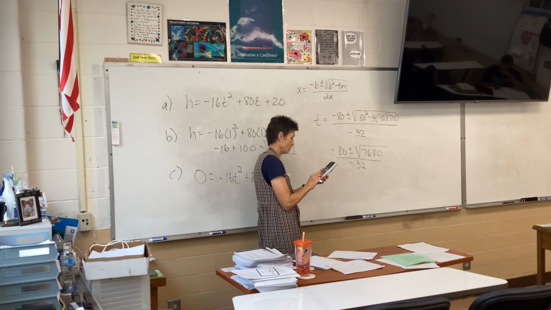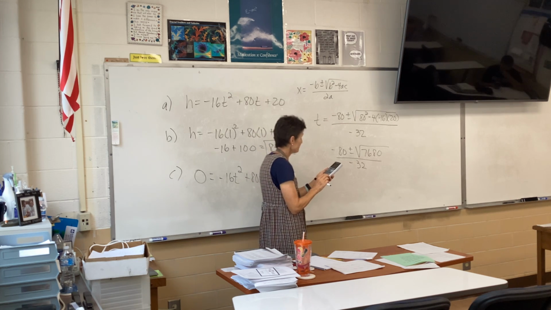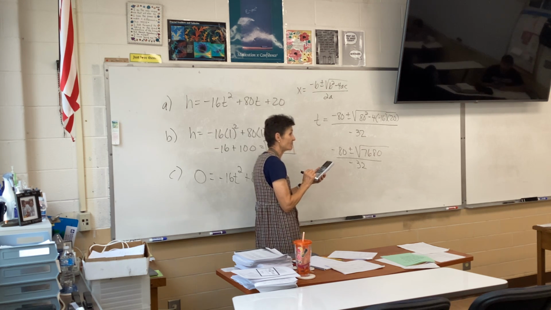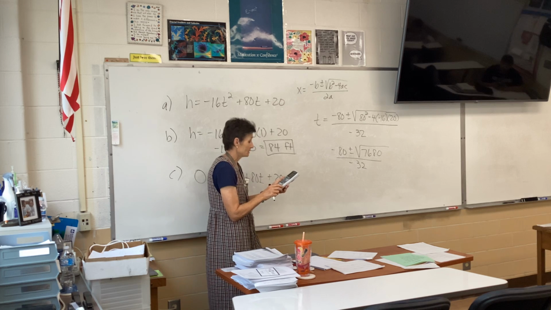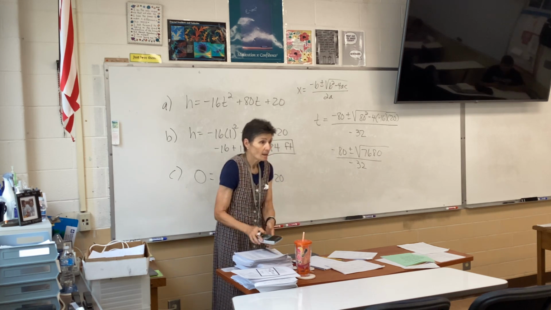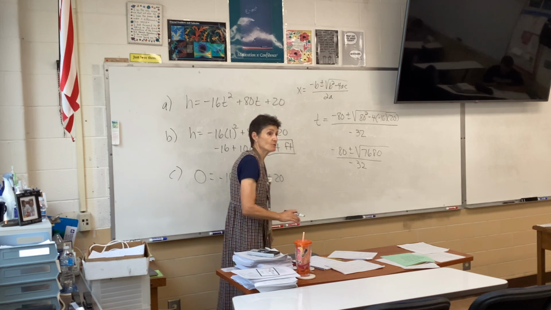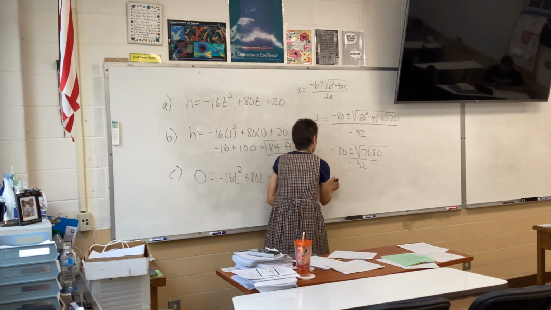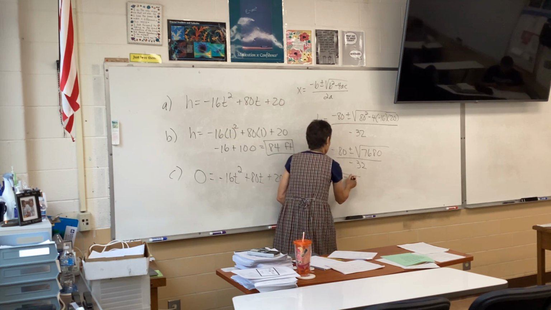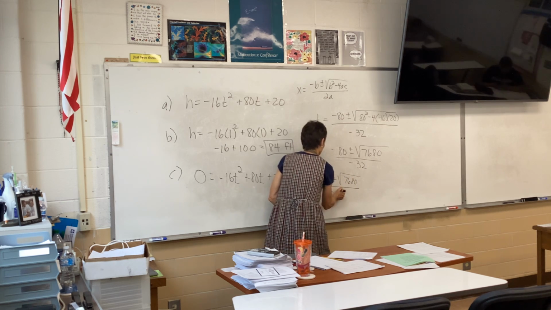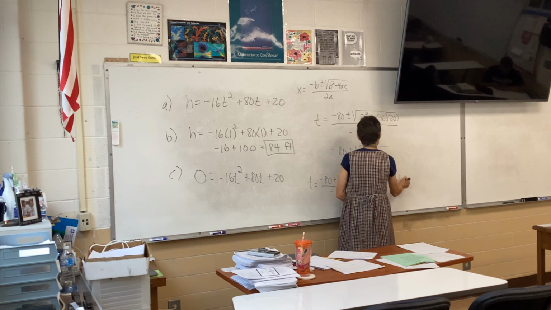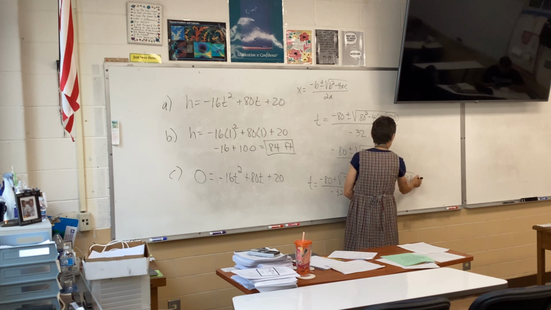Let me try it again. 80 squared minus 4 times negative 16 times 20. 7680. How many answers do we have up here? 2. So negative 80 plus the square root of 7680. And negative 80 minus the square root of 7680.